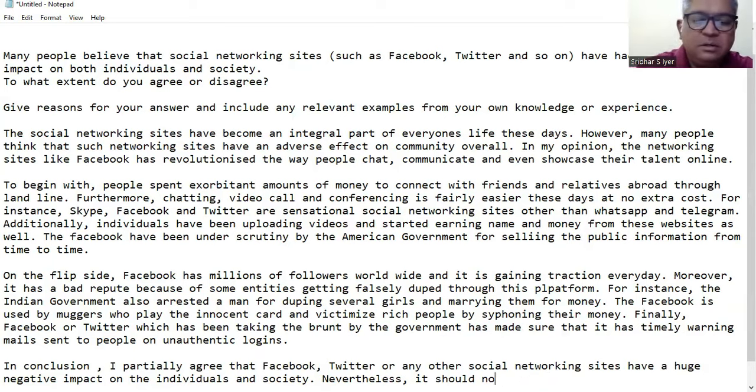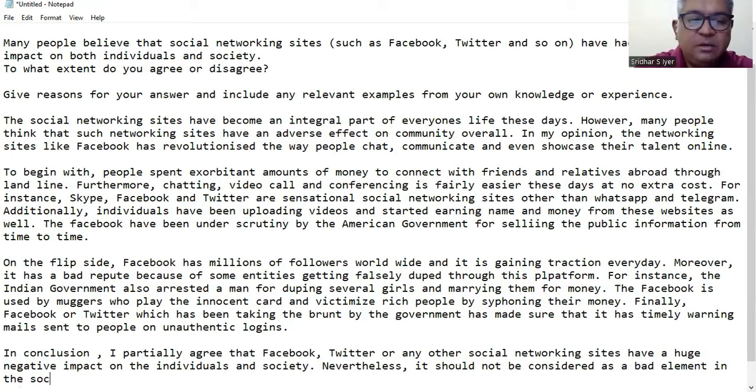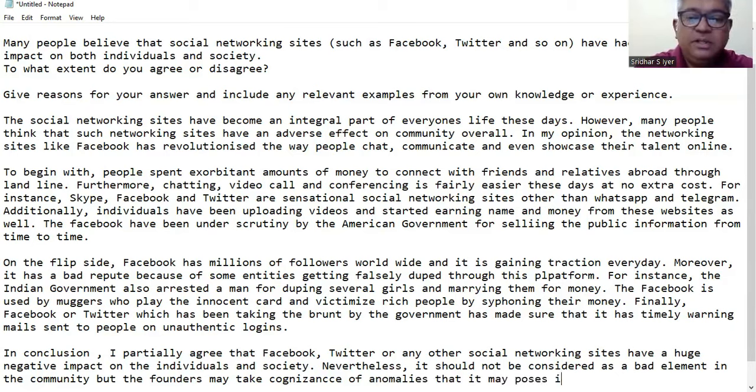Nevertheless, it should not be considered as a bad element in the society or community, but indeed, the founders may take cognizance of anomalies that it may possess in the future.